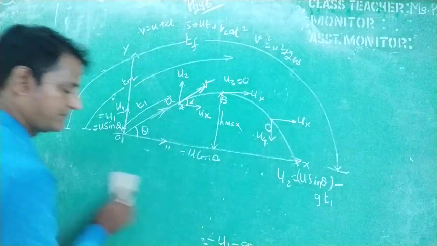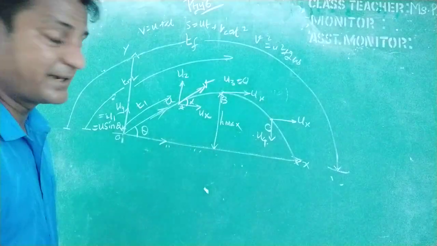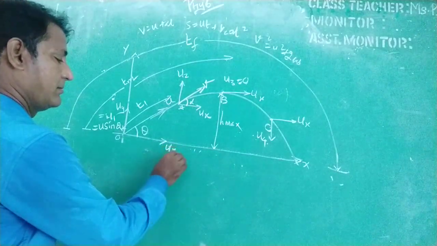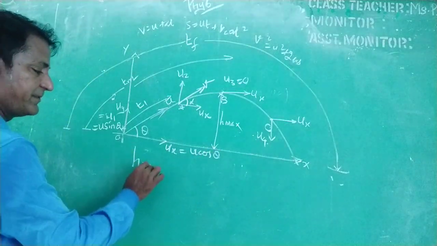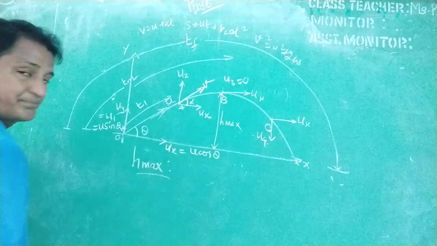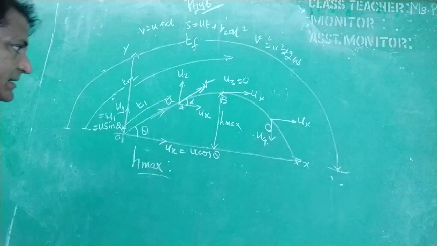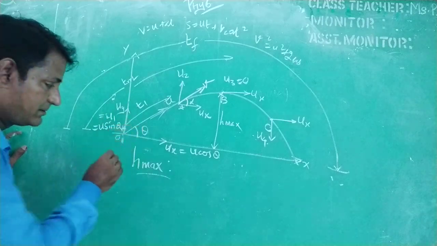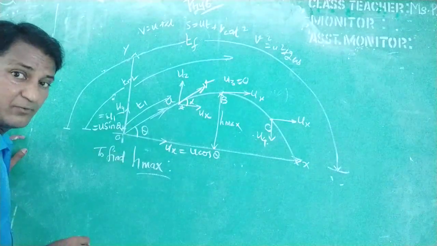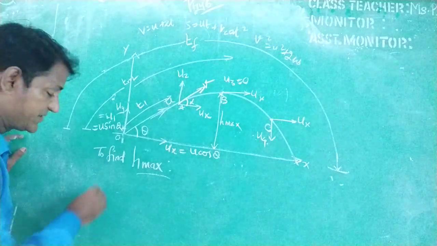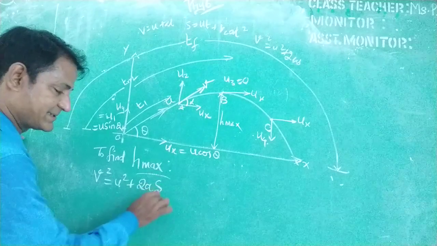Okay, now next let us find out the maximum height reached by the projectile. So we need to find out the h max at this point B. To find the maximum height, we have to use the equation of motion v squared is equal to u squared plus 2as.